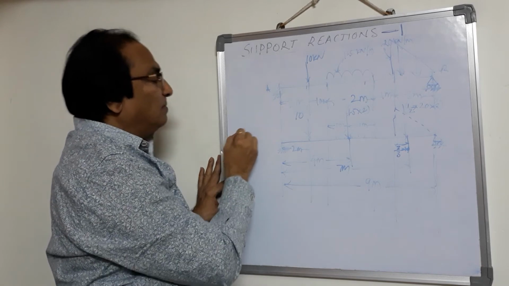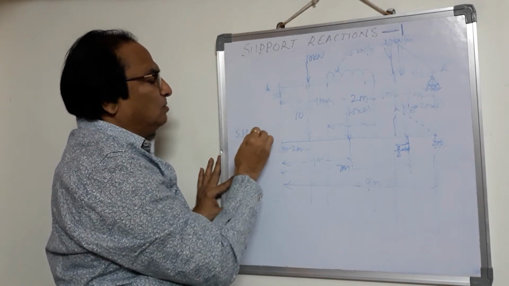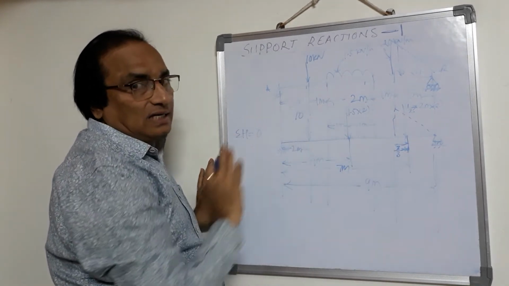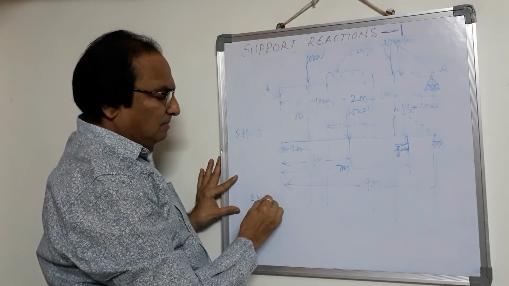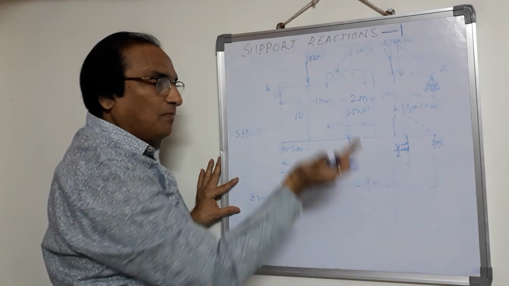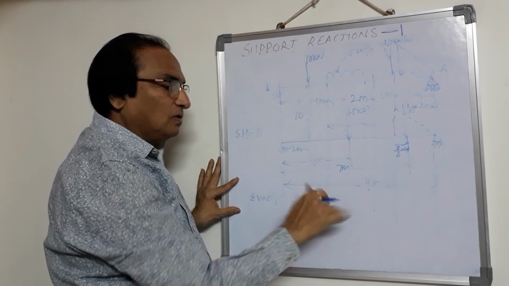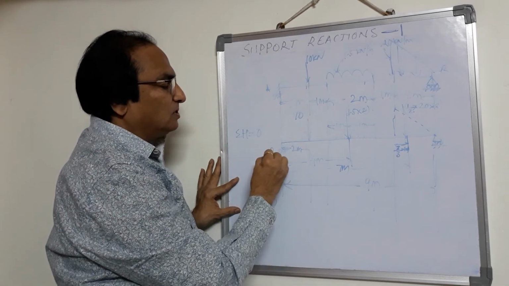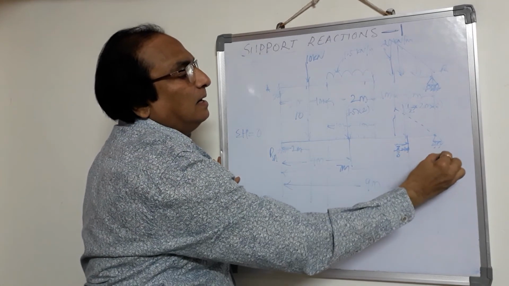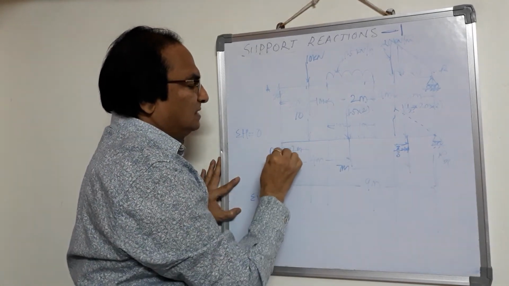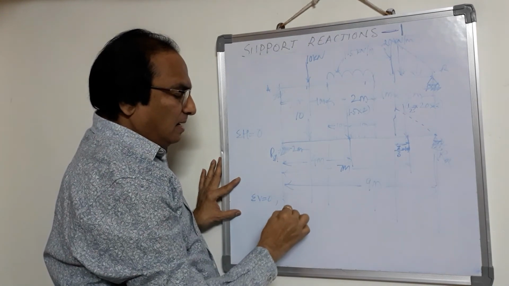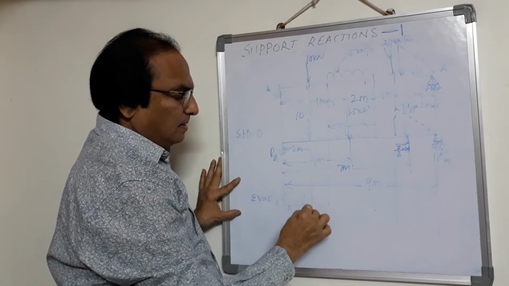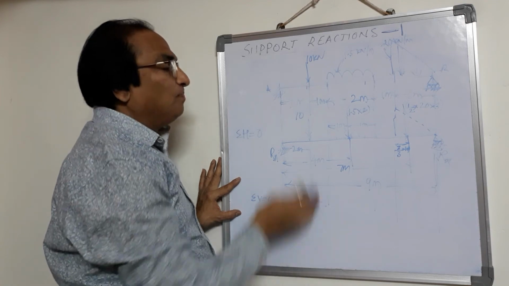If I use the equilibrium condition, sigma H is equal to 0. There is no horizontal force acting here. So sigma H is 0. Let us go for the second equilibrium condition, sigma V equal to 0. Upward forces must be equal to downward forces. So here upward forces are RA and RB. These are the two reactions acting at the supports. So RA plus RB must be equal to the downward load.